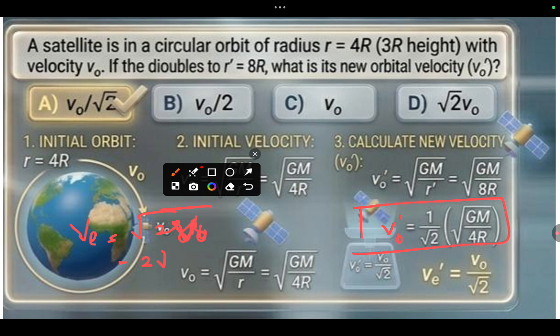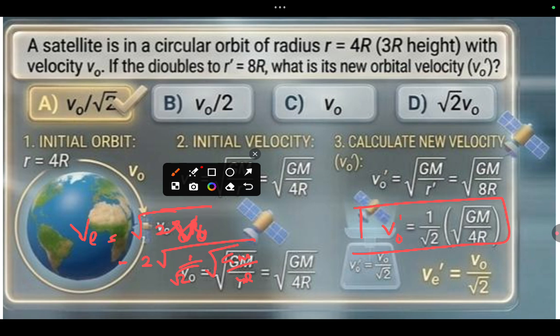So you keep V naught, what we got here: 1 by root 2 root of GM by 4R.